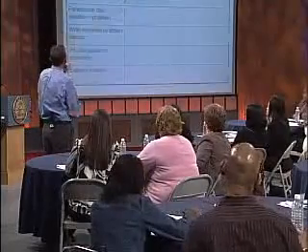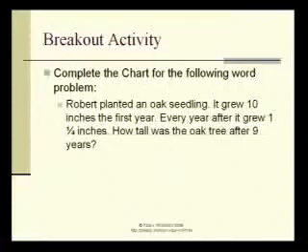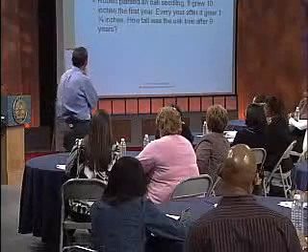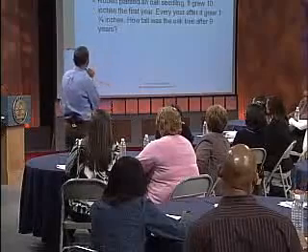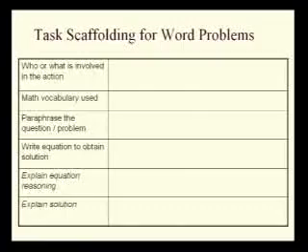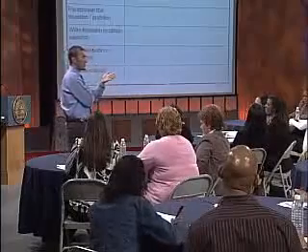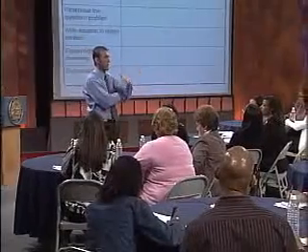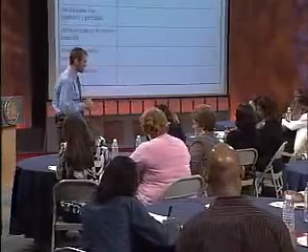So, who or what was involved in this? Okay. Well, we have Robert. He was planting a tree, an oak tree, and it was growing. So, who was involved in this? Robert. What was involved in the action? Planting and growing. Everybody write that down.